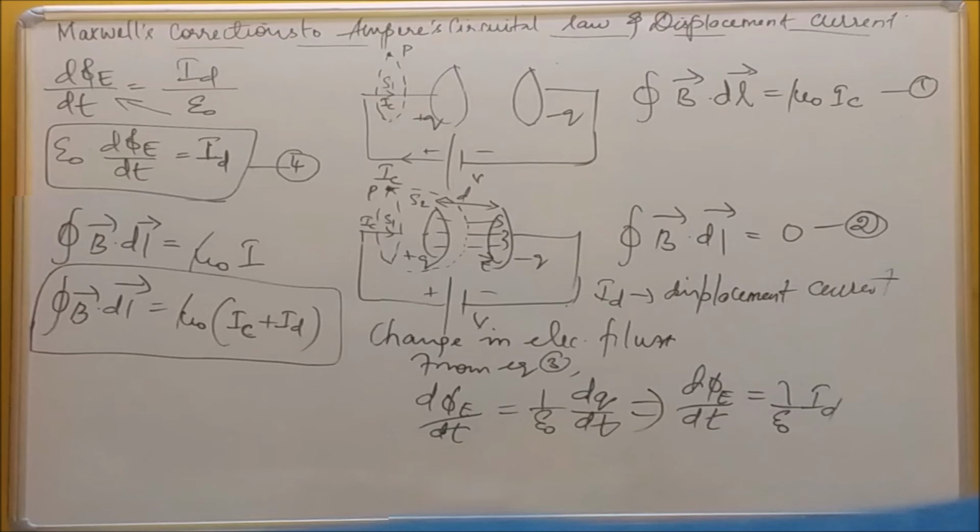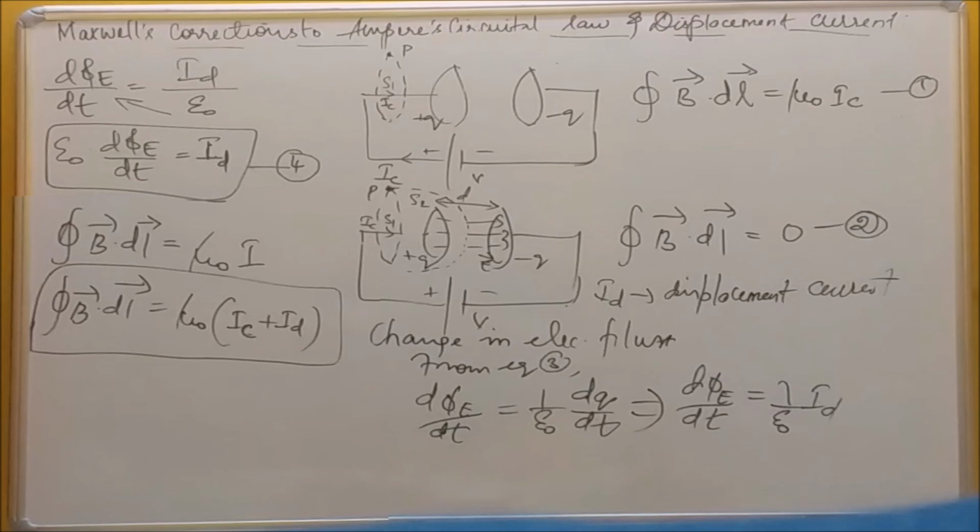Now Ampere's circuital law becomes: closed integral of B vector dot dl vector equals mu naught into I, because Maxwell modified this Ampere's law. This I is the net current, which equals IC plus ID.